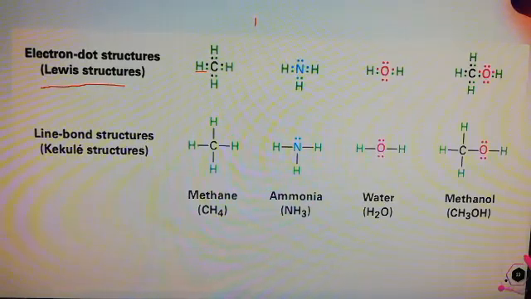So, carbon has 4 dots, no? Ang nitrogen natin has 5 dots kasi ang atomic number ng nitrogen ay 7. Ayan, 7. So, 1s2, 2s2, 2p3. So, ang outer shell niya is 2s2, 2p3.